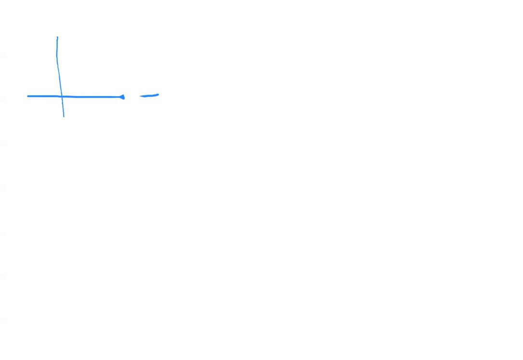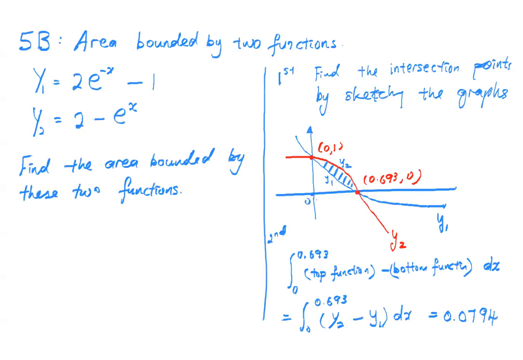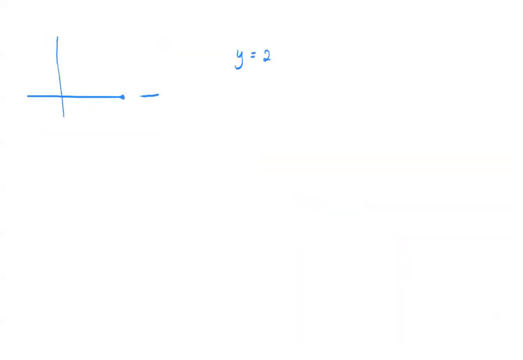So our first equation is 2e to the power negative x minus 1, and the other is 2 minus e to the power of x.